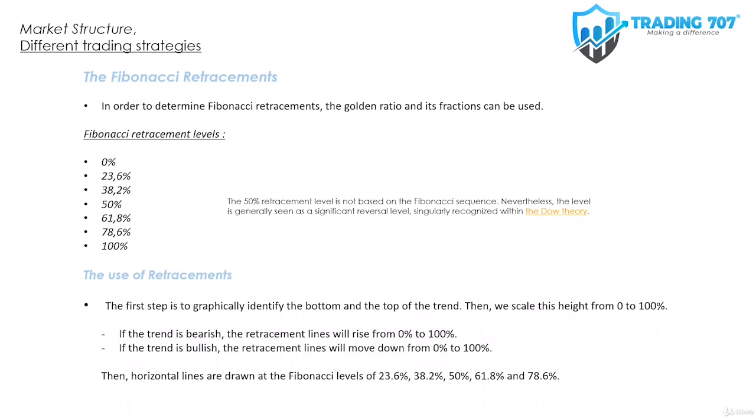And 34 divided by 144 gives the retracement 23.60%. Similarly, this is the same method for the other numbers.